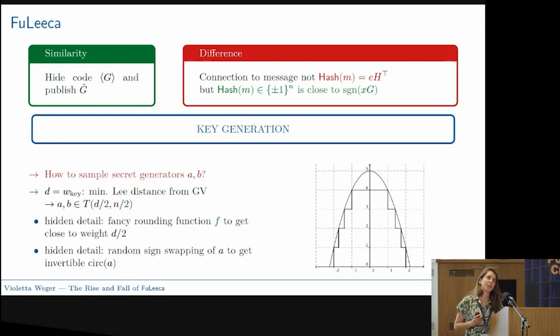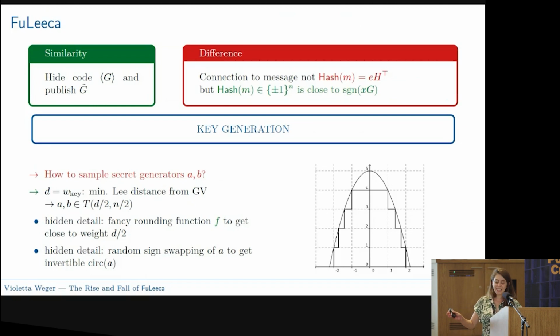Our choice was to make this quasi-cyclic code look as random as possible for a quasi-cyclic code. So we put the weight of our secret generators on the GV bound. That's what you would expect from a random code. And we can sample our A and B from the typical set, putting each one at weight d/2.